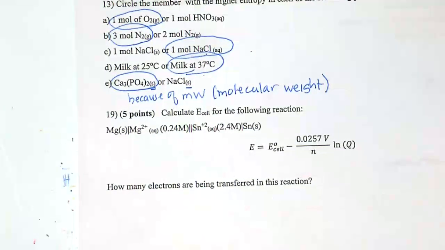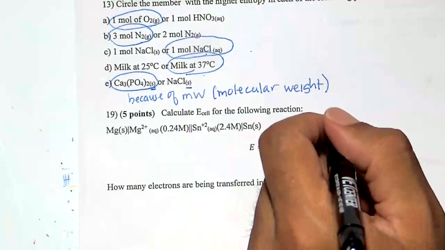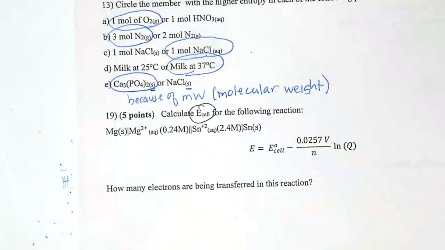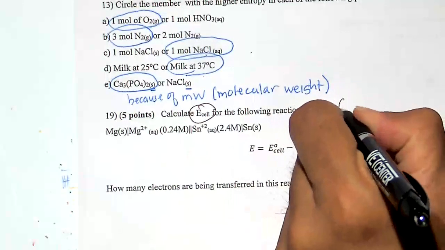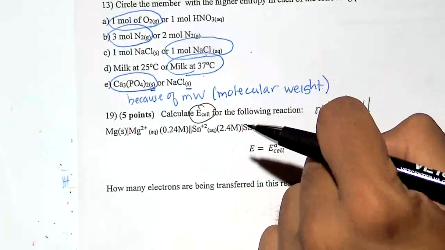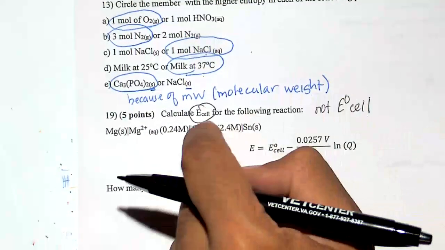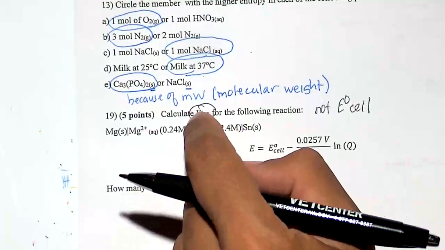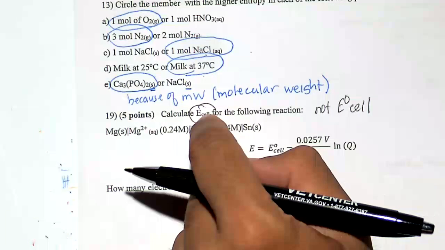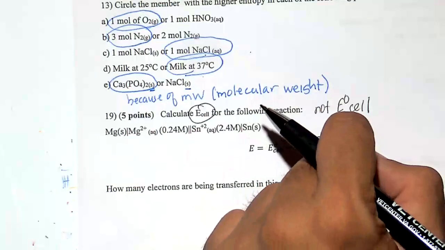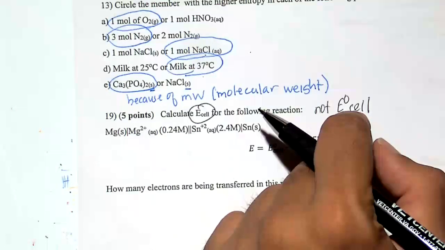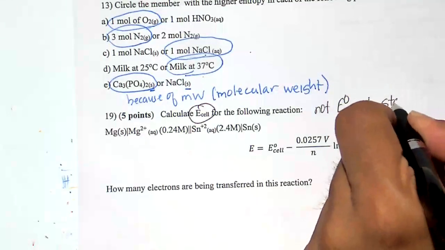All right, next up here is something called the Nernst equation. I'll give you this on the exam. The Nernst equation is for calculating E cell, not E cell standard. What's the difference? This is standard state. This is non-standard state. So it could be any temperature, any pressure if it's a gas, any concentration if it's a solution. Standard state is a very specific set: 1 atmosphere pressure if it's a gas, 25 degrees C temperature, and 1 molar for the solution.